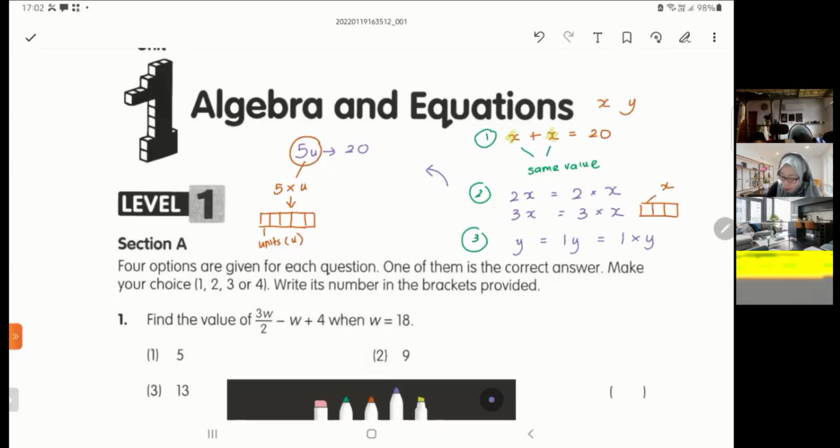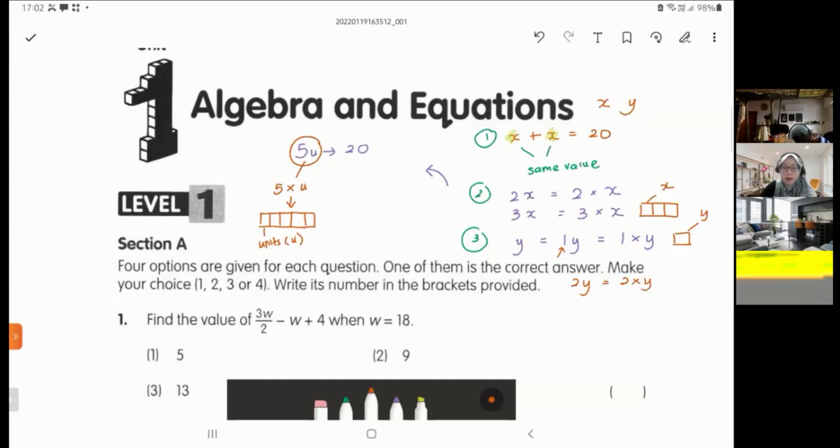If I draw my model for this, it is just 1 box, and this 1 box is y. So there is always an implicit 1 in front. Unless they say it is 2y, then there is no implicit 1, because it's 2 in front, which is 2 times y. So if I draw my units, there will be 2 boxes of y.